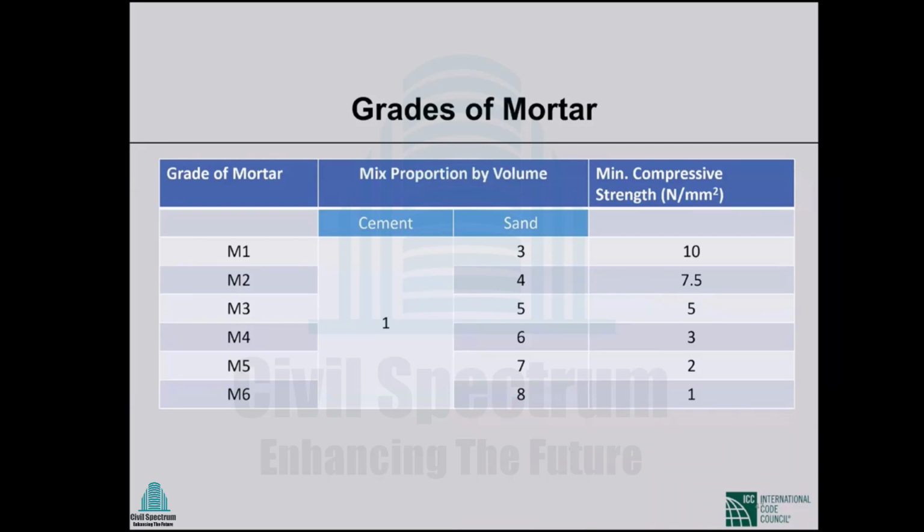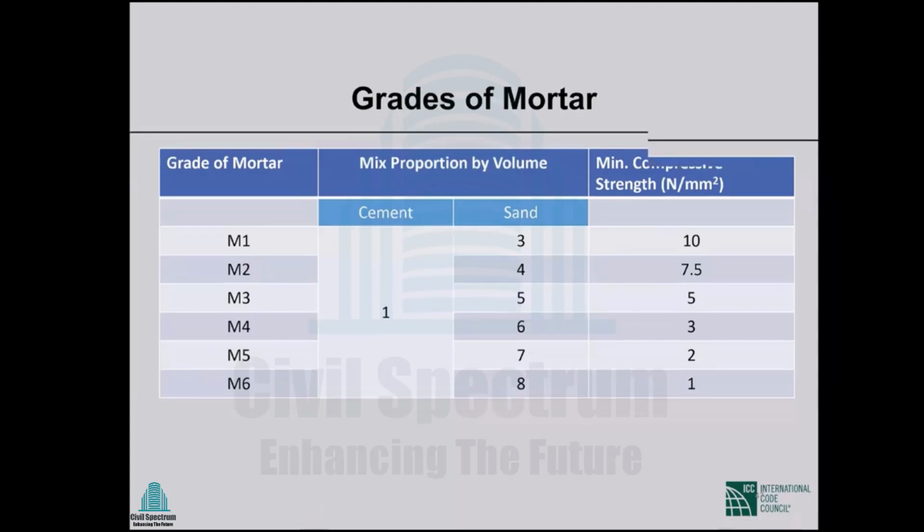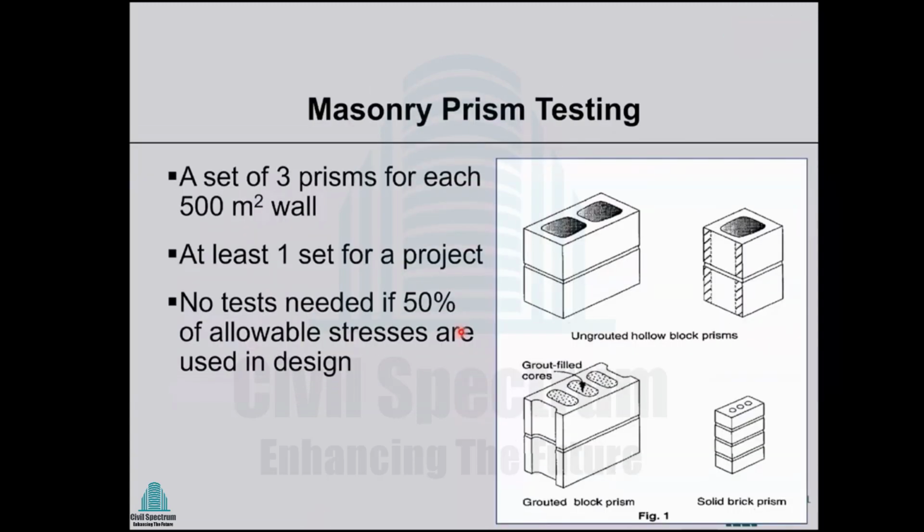Now, how can we measure the compressive strength of masonry? This is mortar, sorry, grades of mortar. So we can make mortar cubes, do compressive testing and measure it. Based on that, we can define the mortar grade. And this is important for masonry.